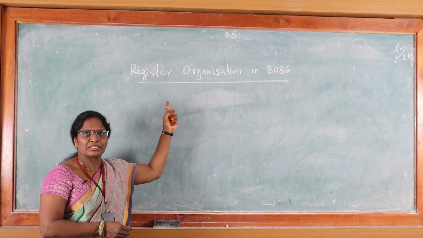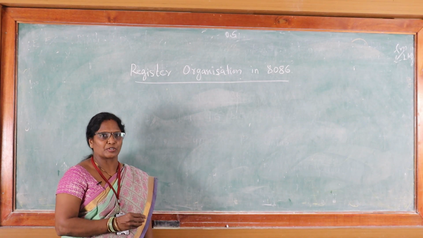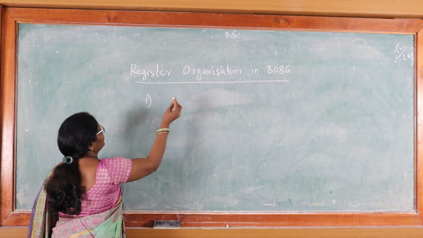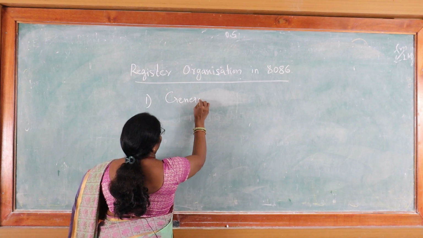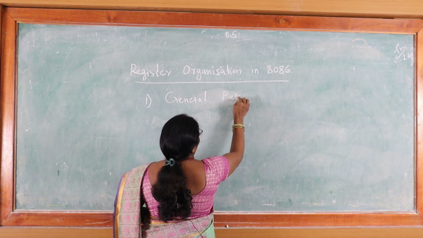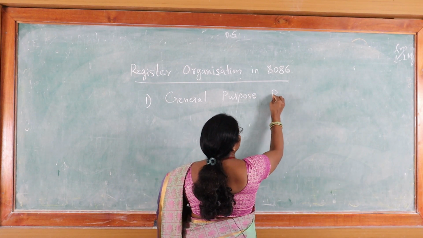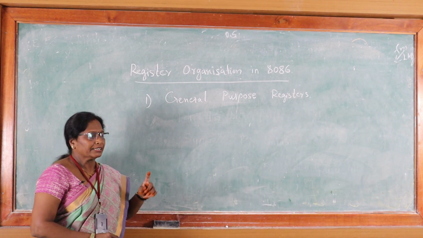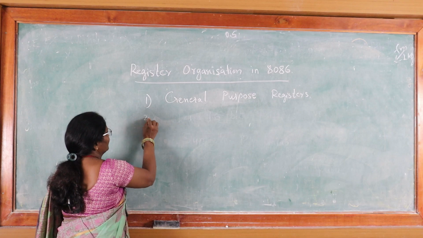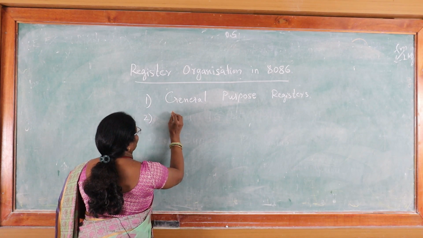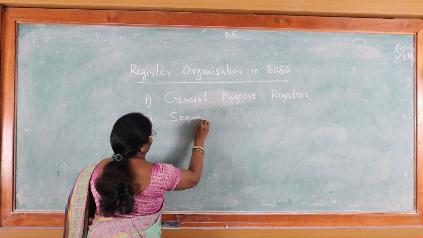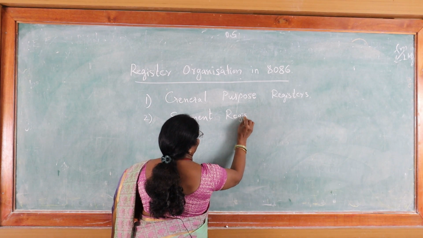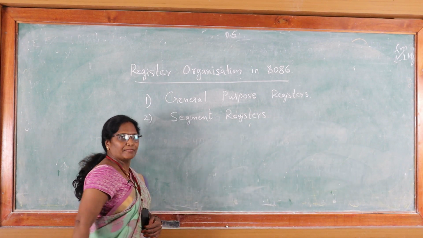I'll discuss briefly about the register organization in 8086 microprocessor. There are basically 4 types of registers. First one, general purpose registers. Second one, segment registers.